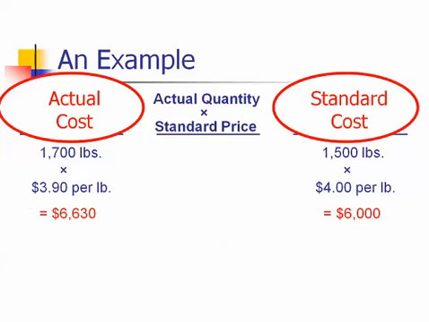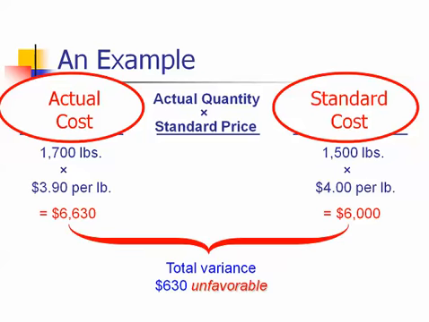This is standard quantities allowed and standard prices. The standard cost for direct materials used during the period was $6,000. This gives us a total direct material spending variance of $630. The variance is unfavorable because our actual costs were higher or more than our standard or expected cost.